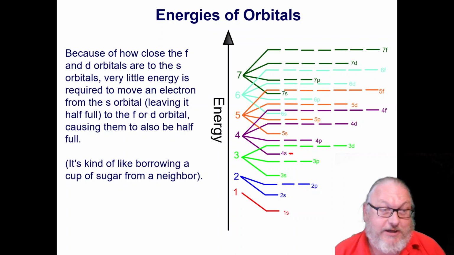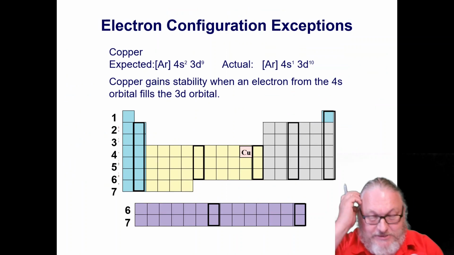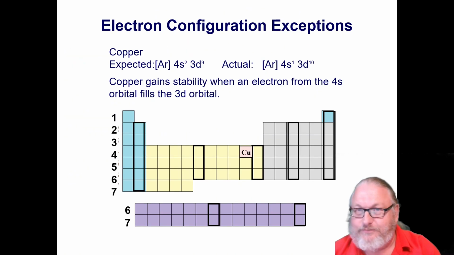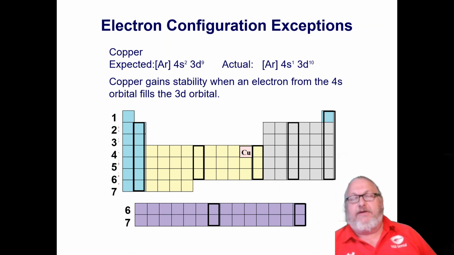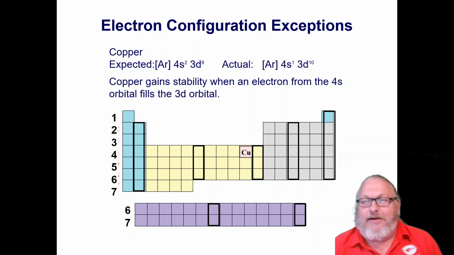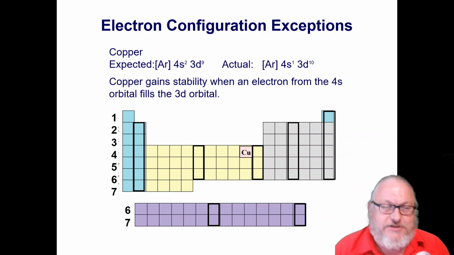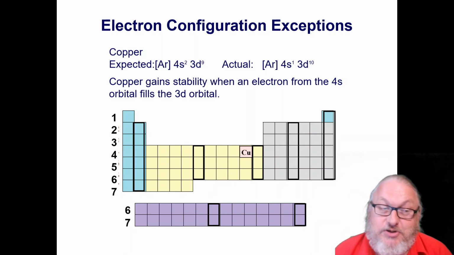So this is a good analogy. It's like borrowing a cup of sugar from a neighbor to make your cookies or whatever. All right. So our exceptions are going to be where? Look at copper. It's one away from having a completely full d subshell. So what does it do?